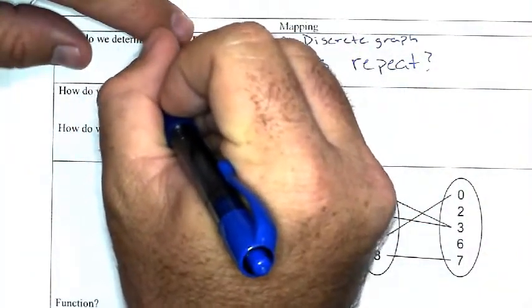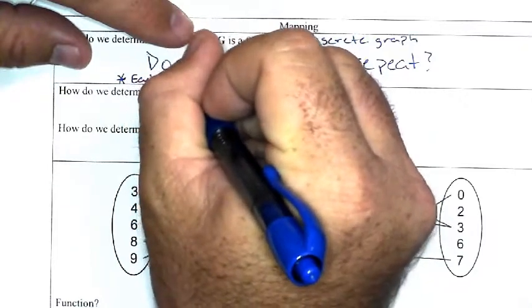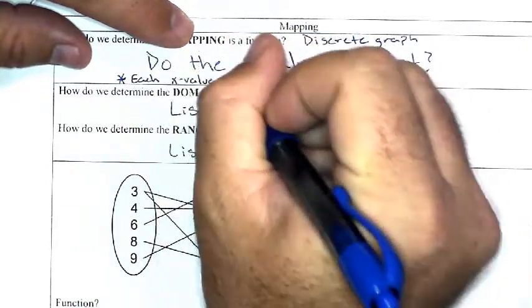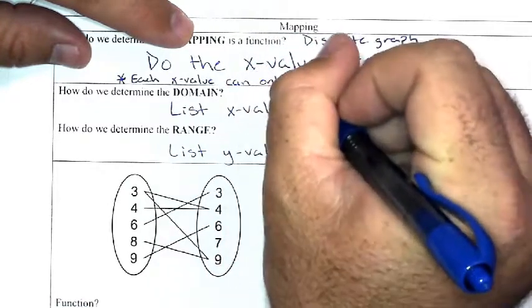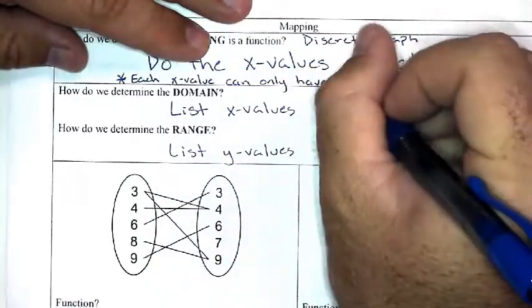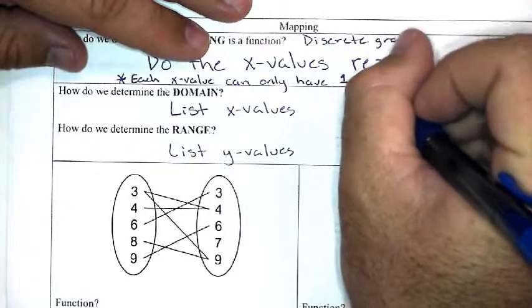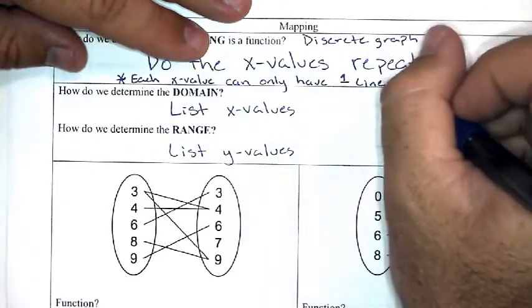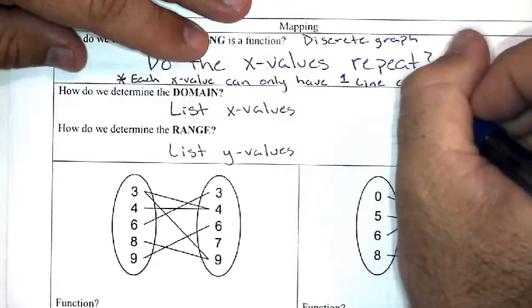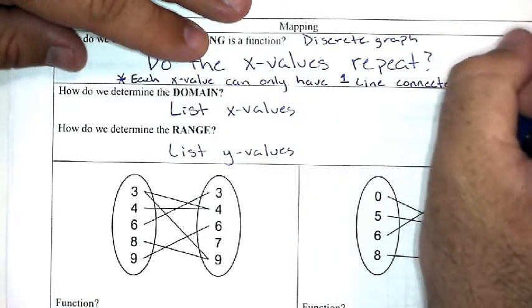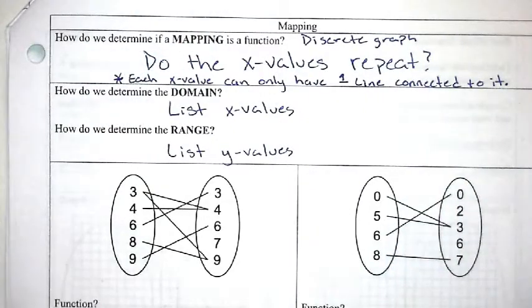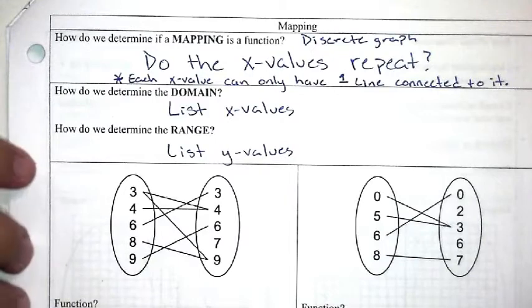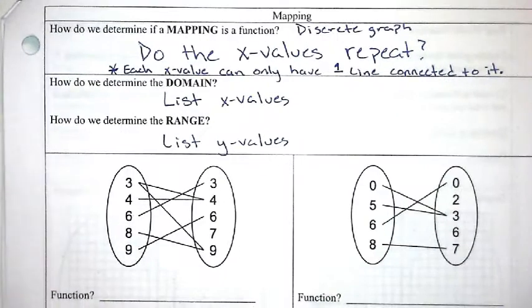Each x value can only have one line connected to it. Okay, now that'll make more sense when we actually talk about the actual map itself. So each x value can only have one line connected to it.